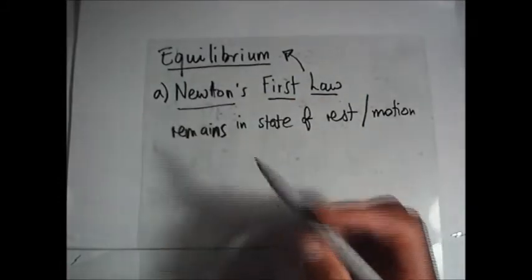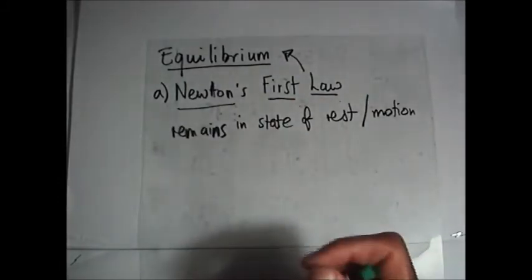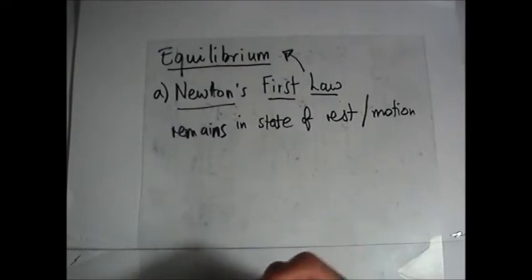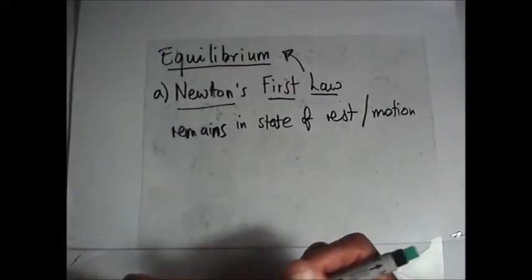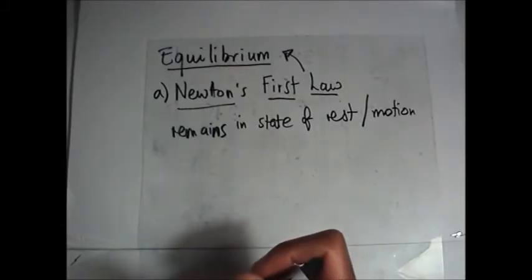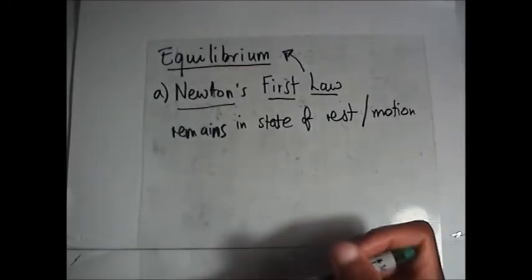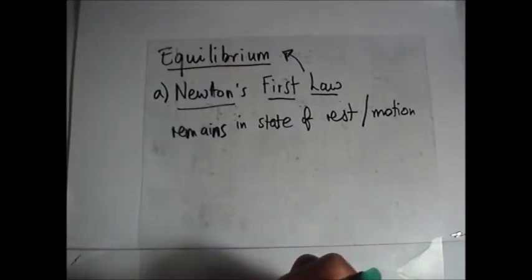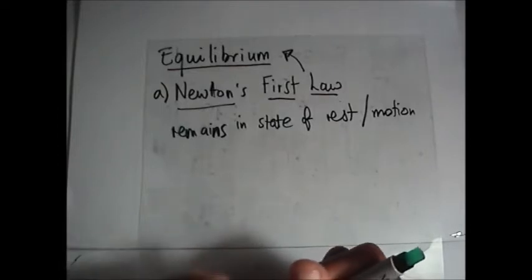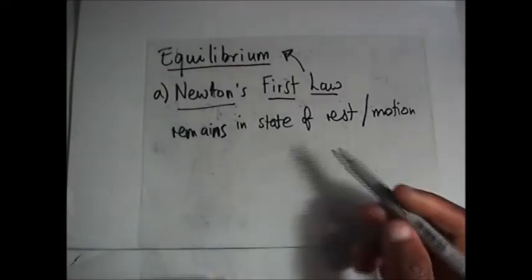So why did I say it's important? Let's think of a body that is at rest. If a body is at rest or is moving with constant velocity, then there is no resultant force. We are going to explain the resultant force. There's no resultant force acting on it, and any forces that do act must balance each other. That is what is called equilibrium.